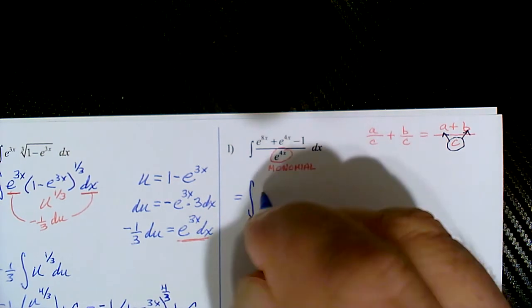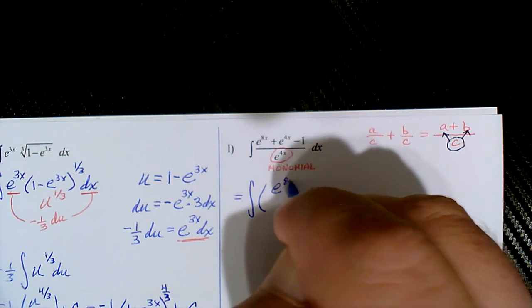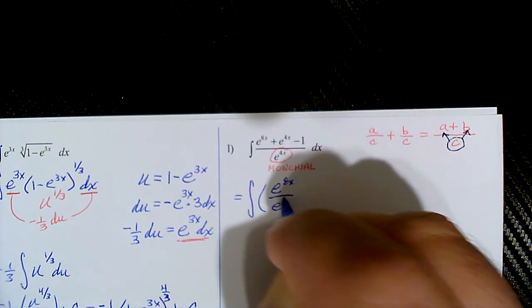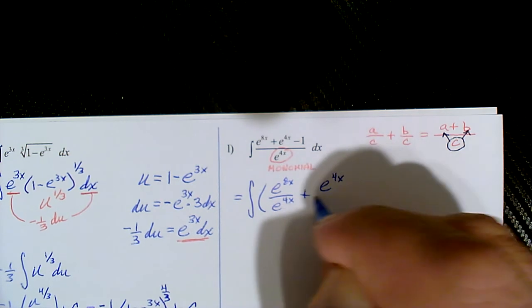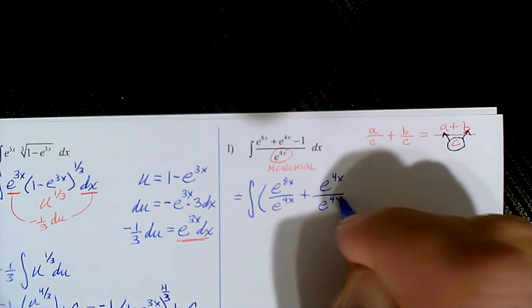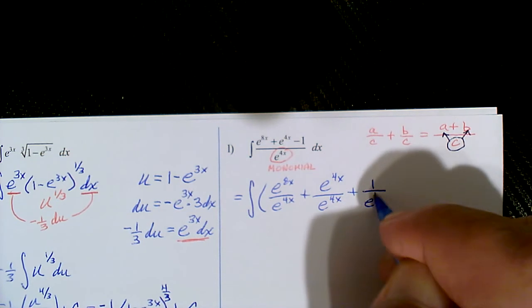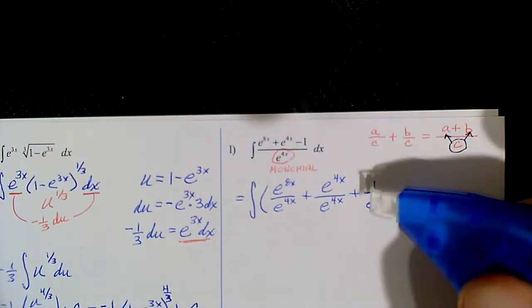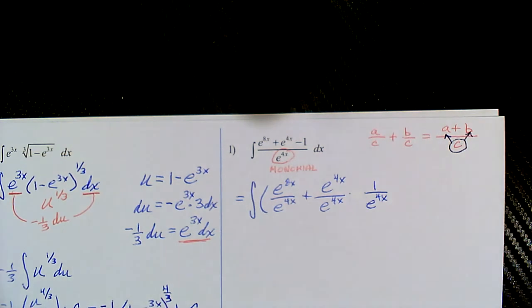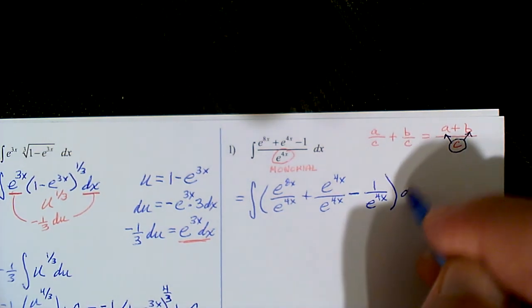I'm going to divide everything in the numerator by that denominator. So e to the 8x gets divided by e to the 4x, plus e to the 4x gets divided by e to the 4x, and then plus the 1 gets divided by e to the 4x. Actually, that was minus 1. And that's all with respect to x.